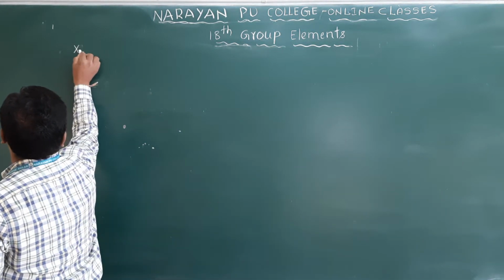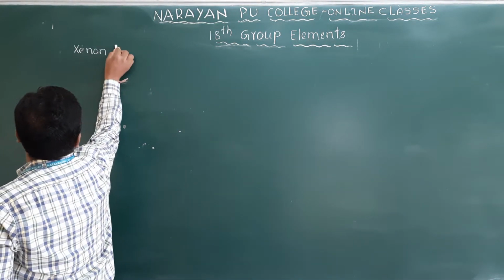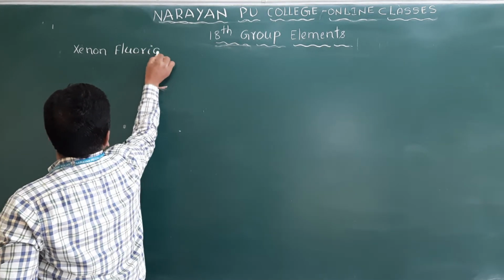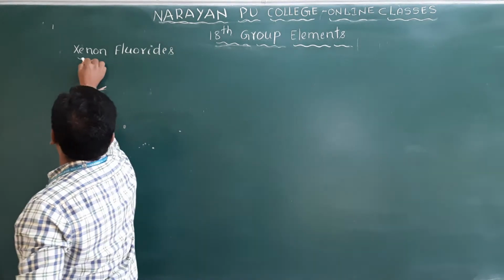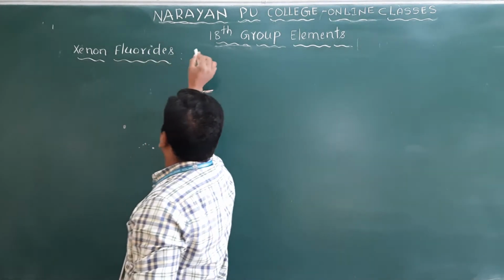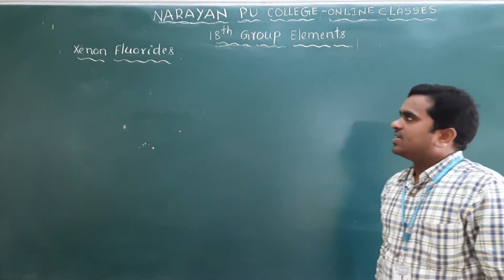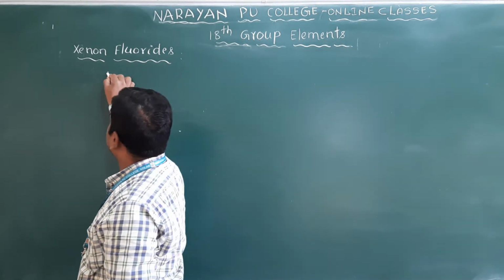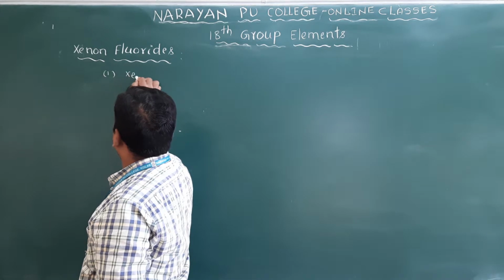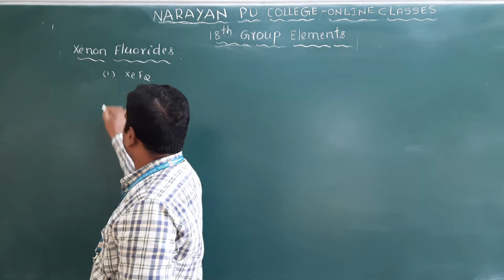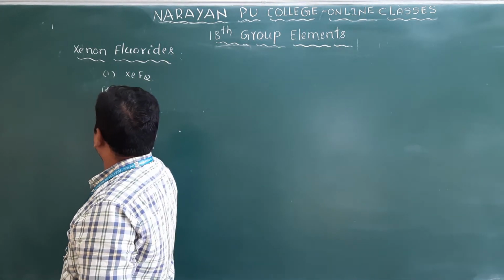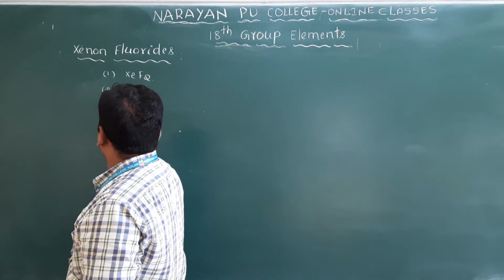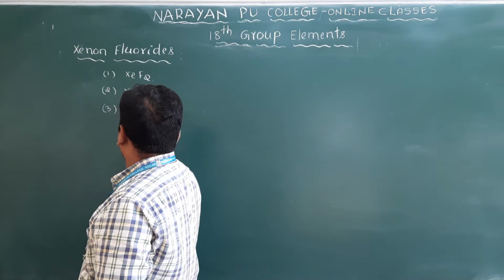Put the heading here: xenon fluorides. Xenon mainly forms three types of fluorides: one is xenon difluoride, XeF2, the second is xenon tetrafluoride, and the third is xenon hexafluoride.